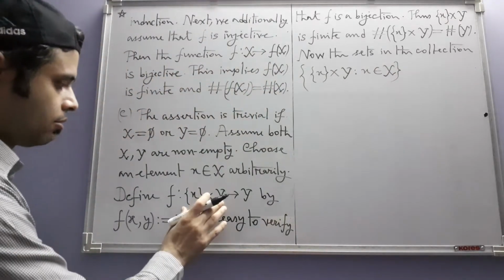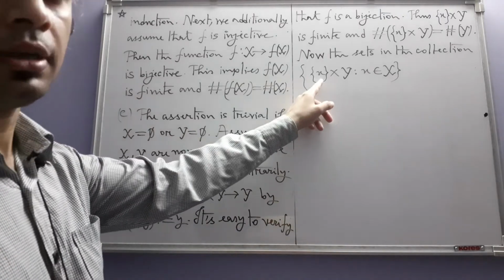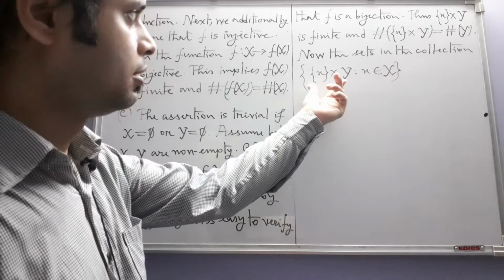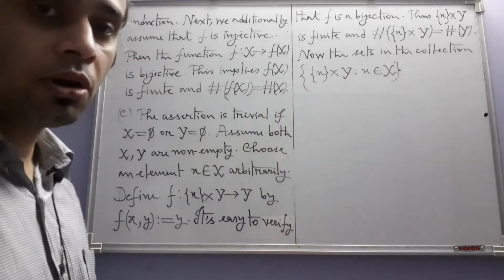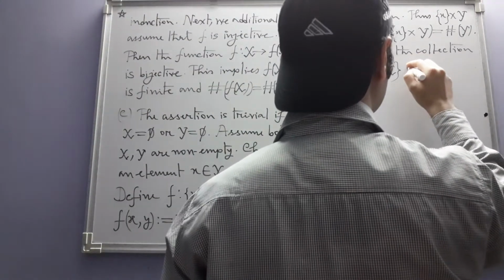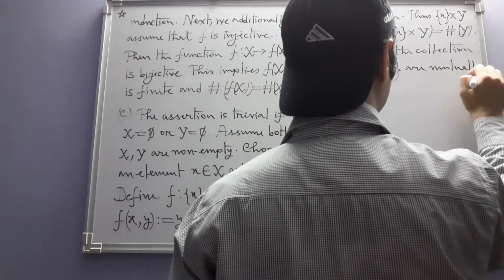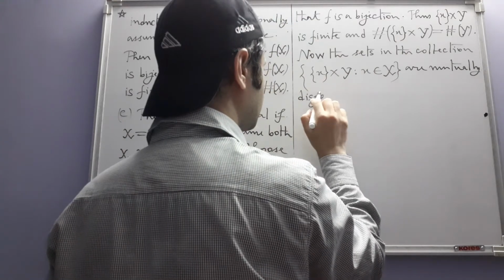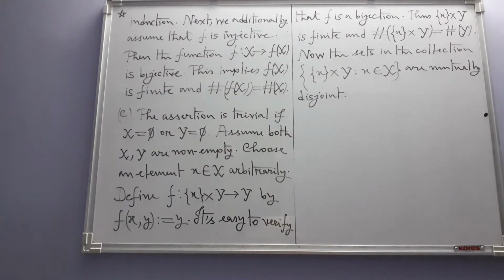The set, all the sets that look like this, where now we are changing x and varying it over the set capital X. The sets in this collection are all mutually disjoint. Why are they mutually disjoint?